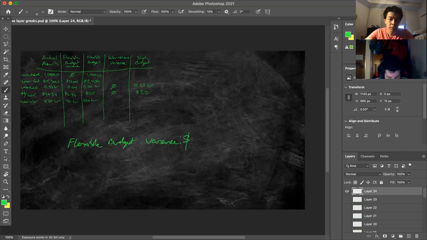So the flexible budget variance is $40 an hour. Remember, flexible budget variance is actual results minus the flexible budget, for the total cost.